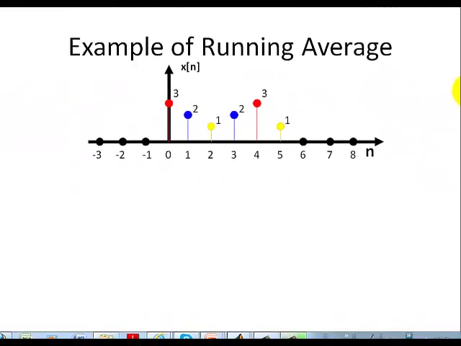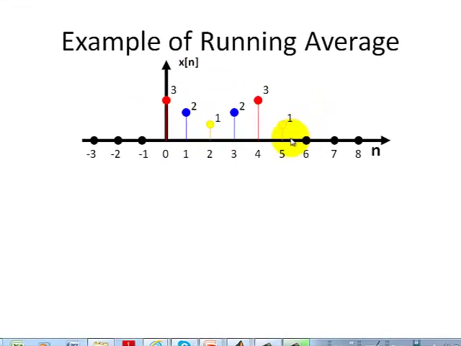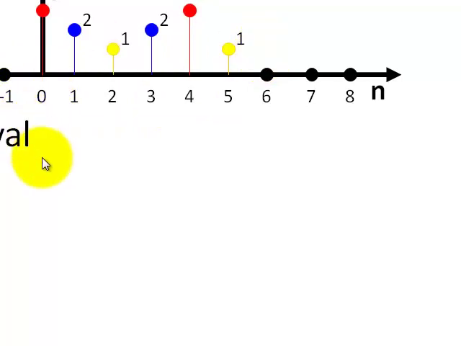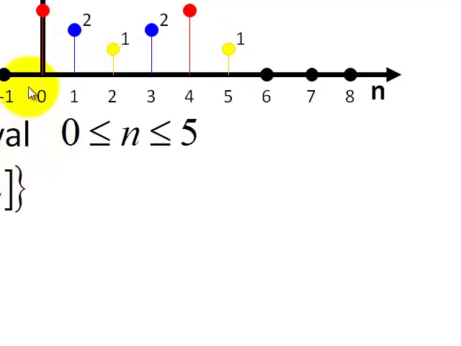We're going to do a simple FIR filter that performs a running average. Here we have this input sequence, and we're going to manipulate it to give us a certain output. First of all, it has a finite interval from 0 to 5, which is why it's said to have a finite length. X0 has a value of 3, X1 has a value of 2, and X2 has a value of 1.